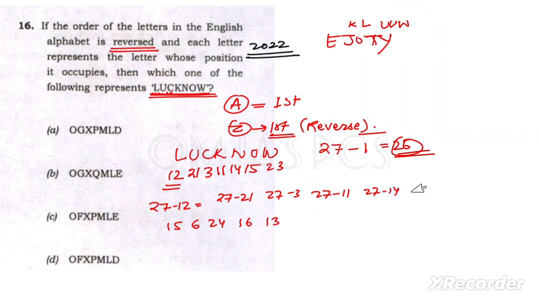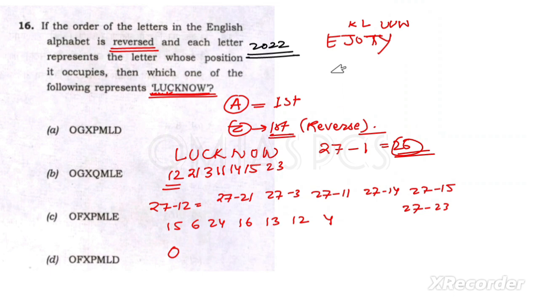Then 27 minus 23 will be 4. This will be their forward rank. Now tell me, what is the forward rank? 15 is equal to O. 4 is equal to D. 6 is equal to what? E, F.